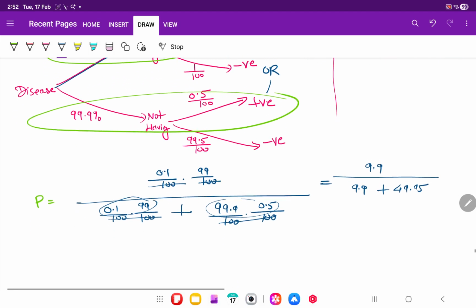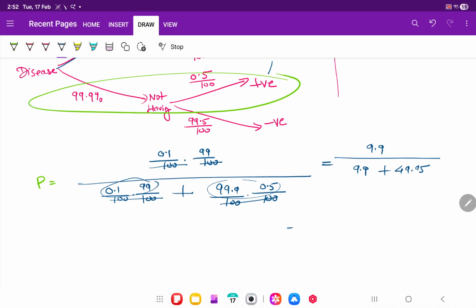If you add it, it is 9.9 by 59.85. Then you remove the decimal and cut it by 2.